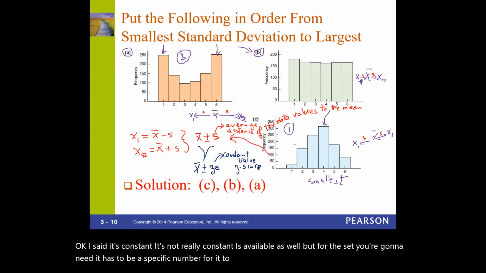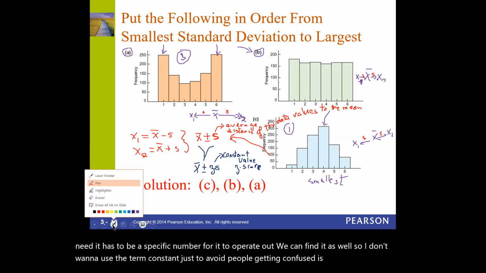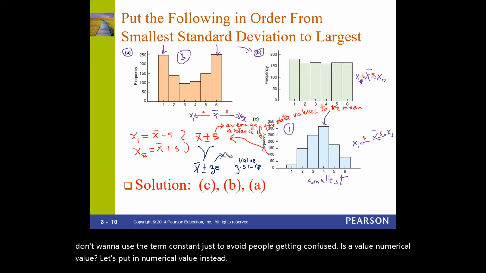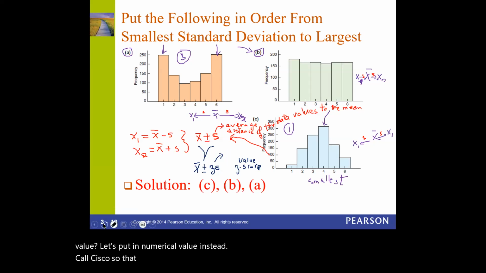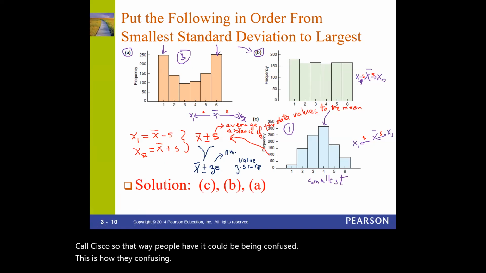You can find it as well. I don't want to use the term constant just to avoid people getting confused, so let's put numerical value instead. It's a numerical value called a Z score.